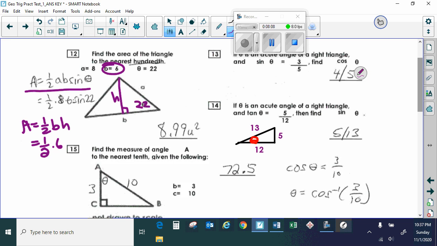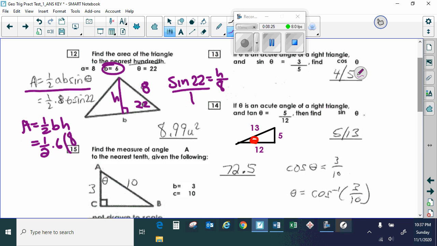Since theta is 22 and a is 8, I'm using 22, and the opposite over the hypotenuse is sine. So sine of 22 equals h over 8. Cross multiply, and I get 8 sine 22.